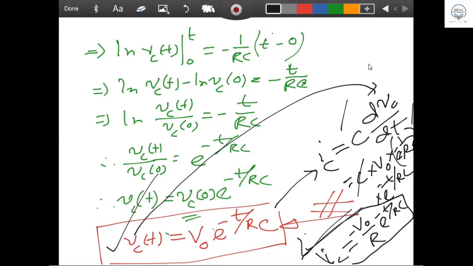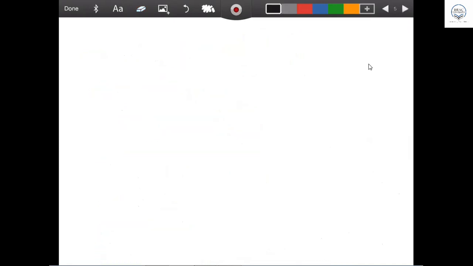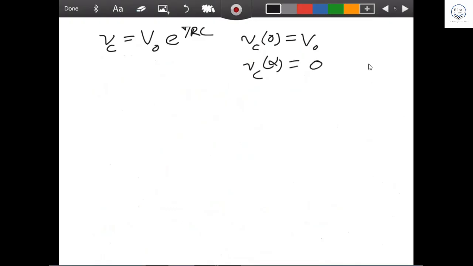Now we are going to draw the graph for this one. Let's see. VC equal to, we have found here, V naught e to the power minus t by RC. I'm not going to show too much because you already know. So what is the VC at 0? At time t equal to 0, it is V naught. And what is VC at infinity? It is 0, right?